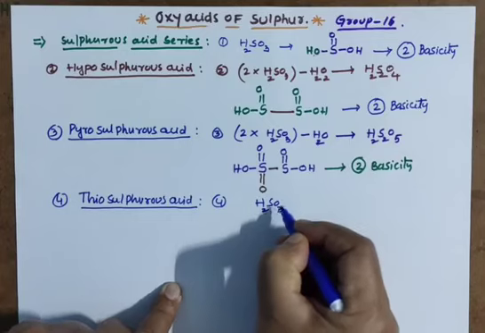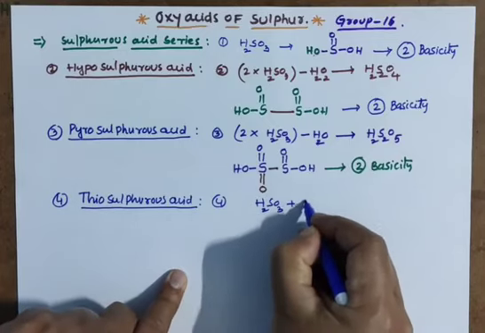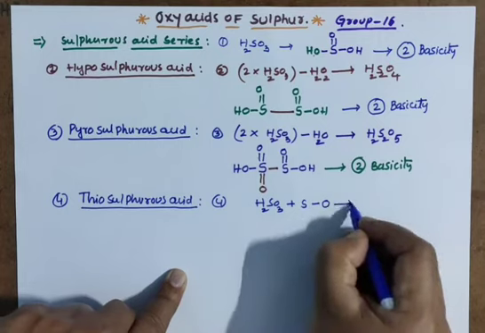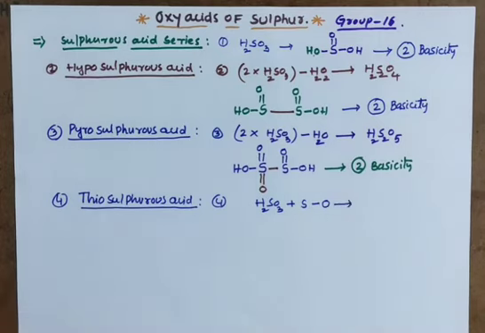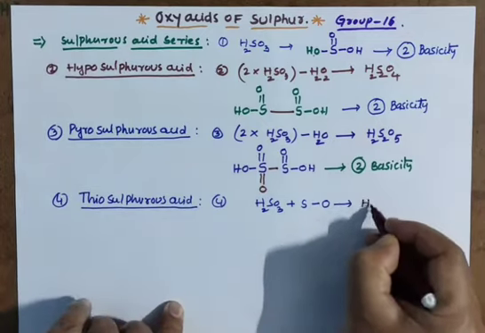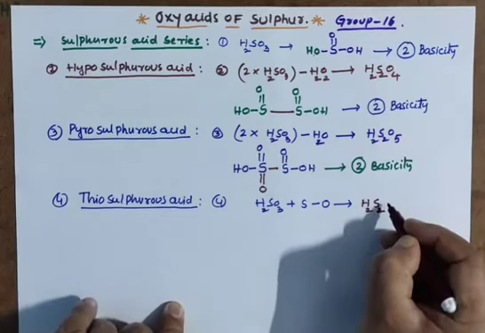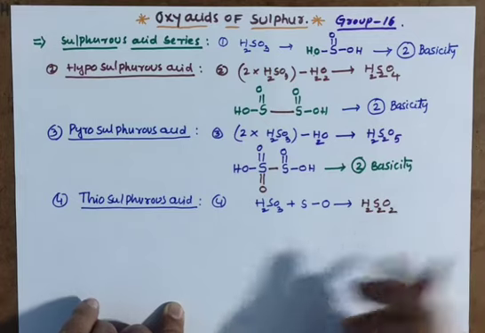H2SO3, you know, is sulfurous acid. Add one sulfur, remove one oxygen. When you add one sulfur you get H2S2, and removing one oxygen leaves 2 oxygens. This is thiosulfurous acid, H2S2O2.